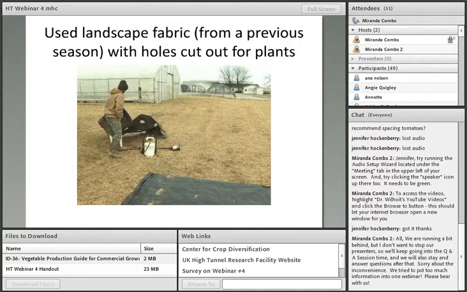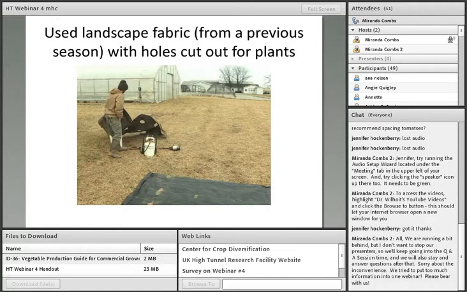Another thing with the planting holes is it's better if you can burn holes in the fabric so that the edges of the hole won't unravel, because it is a fabric.